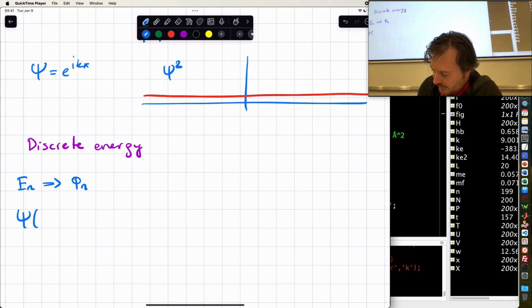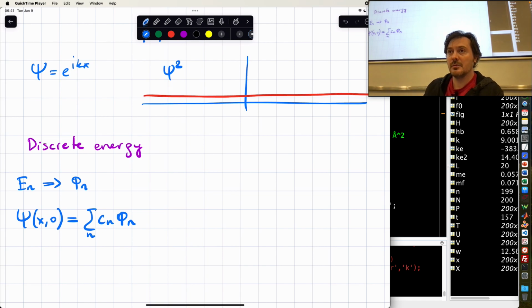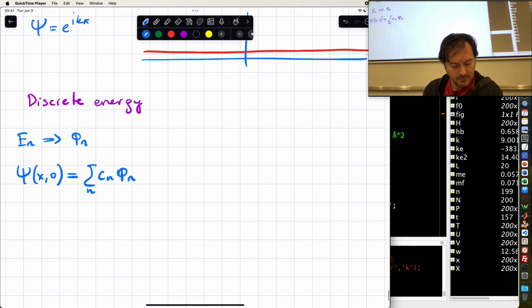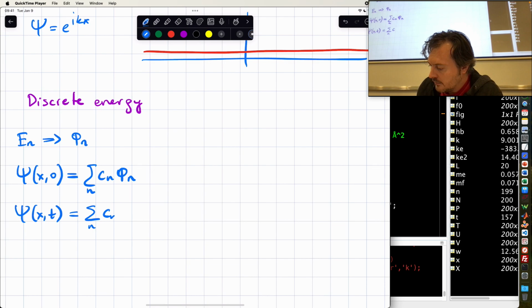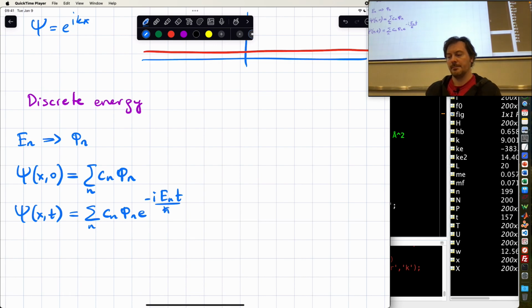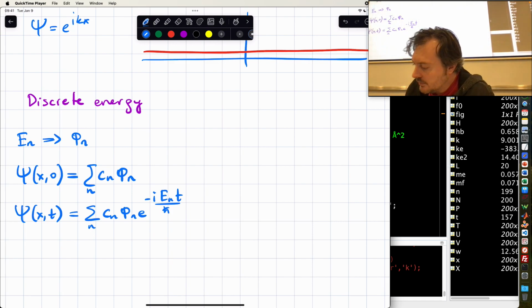And you would start with c_n phi_n. Do you remember this? We have gone over this multiple times. And your time dependence would simply be this. Here, n is an integer.